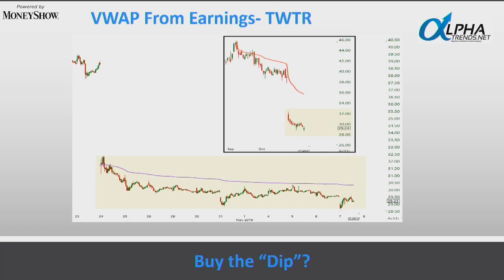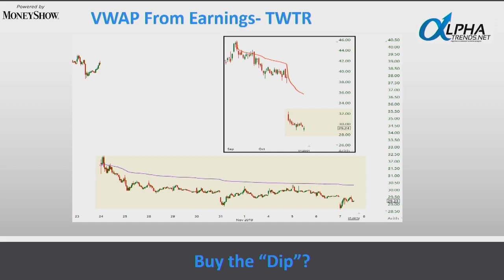And then we have a logical place for our stop as well. But when it's in free fall, where's your logical place for a stop? Is it below this low? Okay, gotcha. If you used it below this low, they got you there on a gap, they got you here on a gap. Now, if it gets back above this resistance at that VWAP and holds there, well, we can put our stop below here.